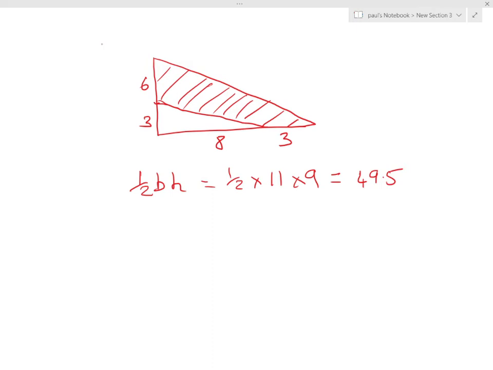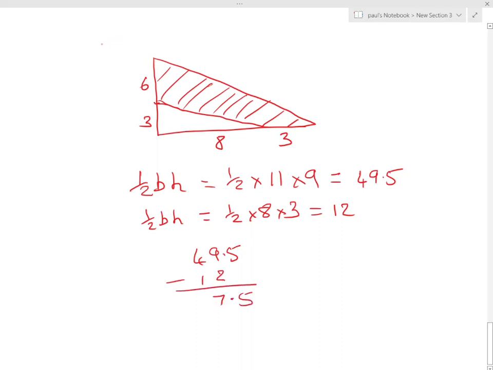And the small triangle, half base height, which is a half times 8 times 3. 3 8s are 24, that's 12. And if we do 49.5 subtract 12, we get 37.5 centimeters squared.